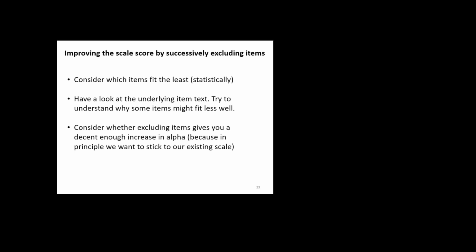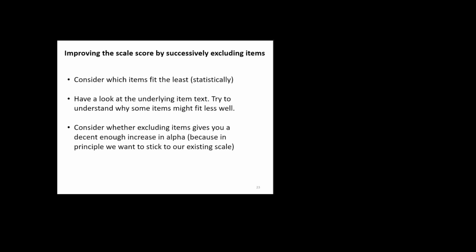Well, if you want to improve your scale score by excluding items, there are some things you have to do. First, consider which items fit least. You can do that with the column "alpha if item deleted". Then look at the item. Do you understand why that item is maybe not such a good fit for your measurement?